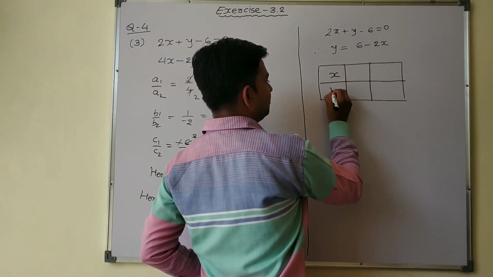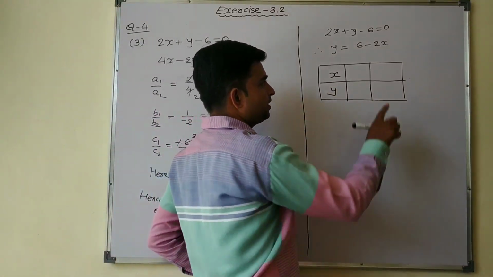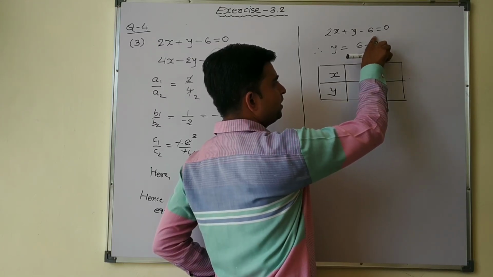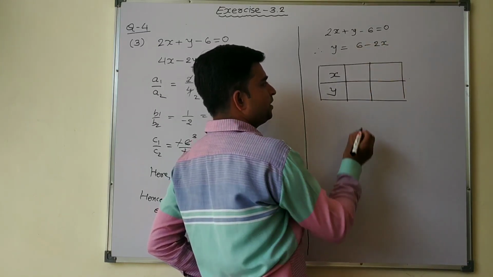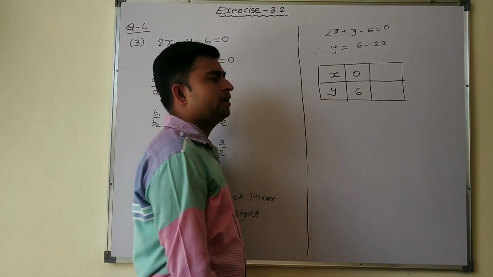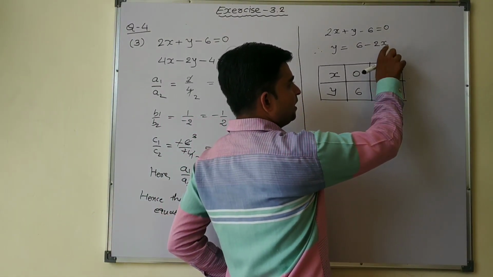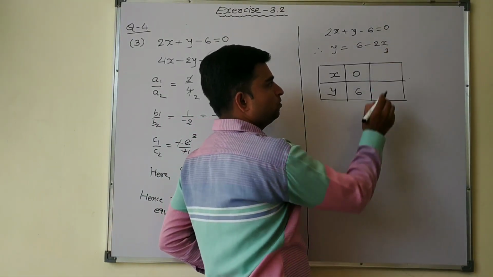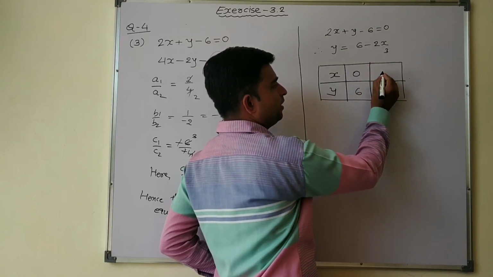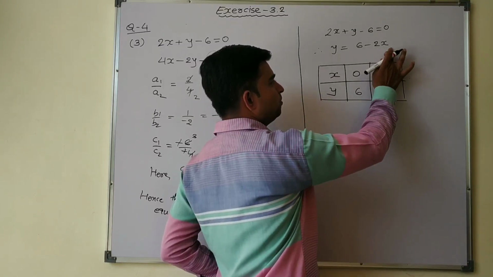If we take x equal to 0, then 2 multiply 0, this term becomes 0, so the value becomes 6. If we take x equal to 0, then y is equal to 6. If we take the value of x as 3, then 2 3s are 6, and 6 minus 6 is 0. If we take x equal to 3, then y is equal to 0.